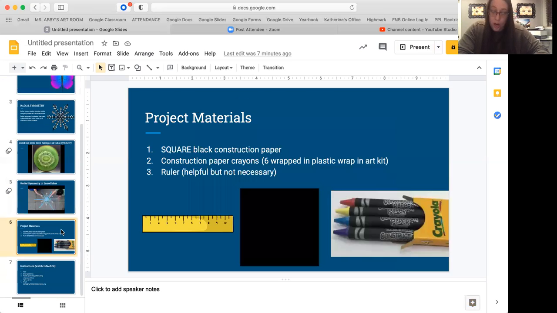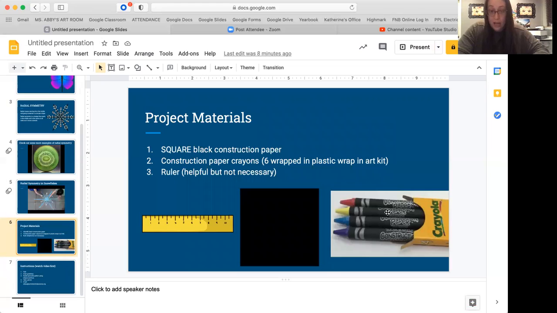For this project, you are going to need a square piece of black construction paper. You should have that in your art kit. Remember, you got 2 pieces of black construction paper. We used the rectangle one for the polar bear last art class. Now today we are going to use the square one. Then you will need your construction paper crayons. They're special crayons that work on construction paper.